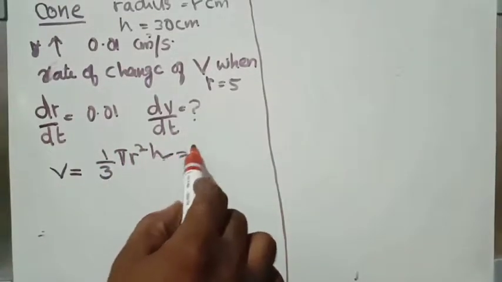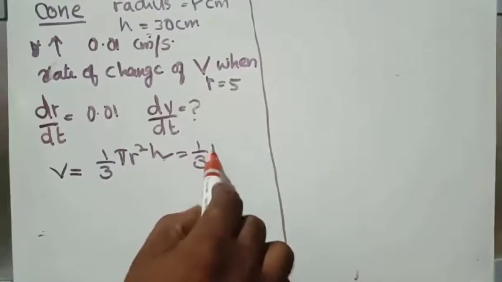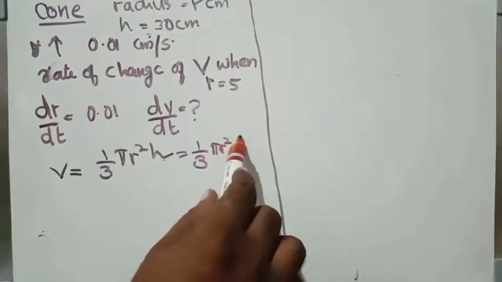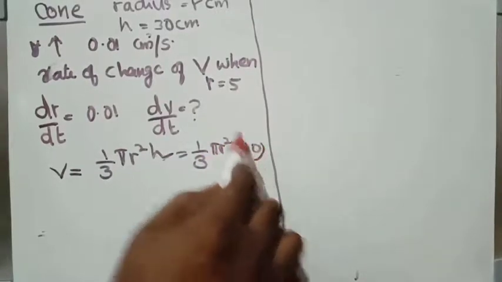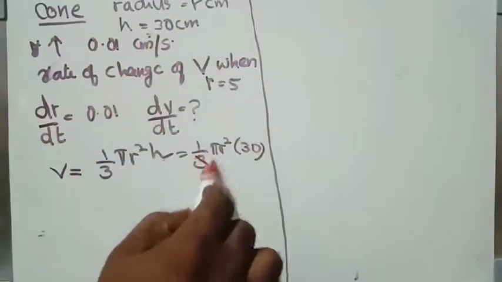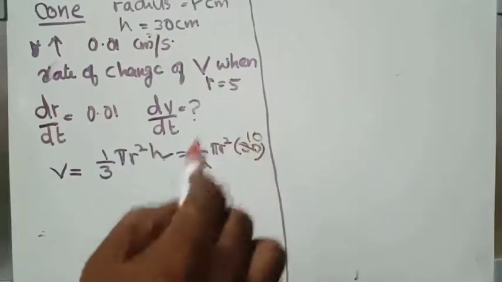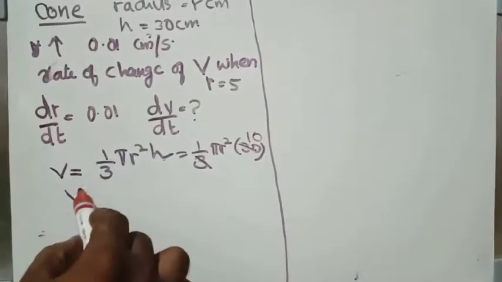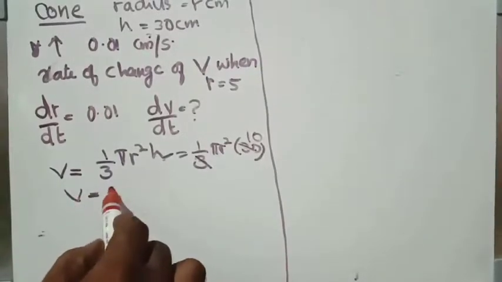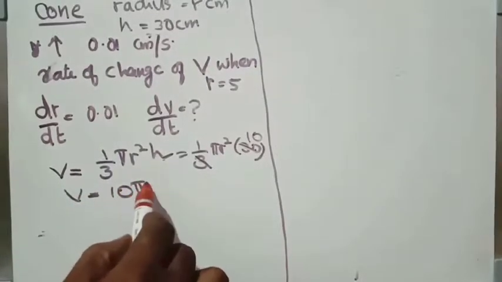That is 1 by 3 pi r squared into 30, because h is fixed as 30. So we get it as 10 pi r squared.